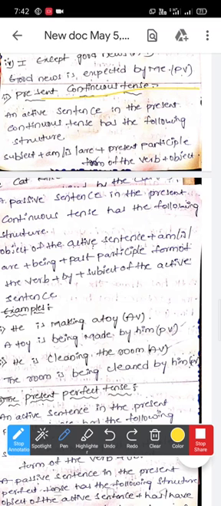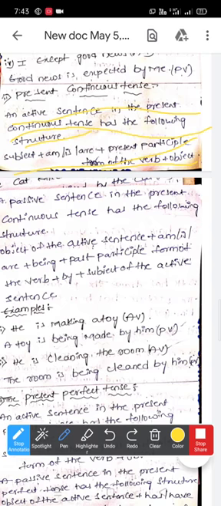An active sentence in the present continuous tense has the following structure: subject plus am, is, are plus present participle form of the verb plus object.